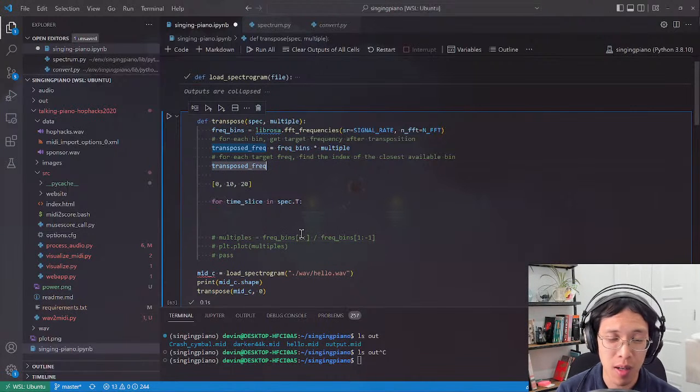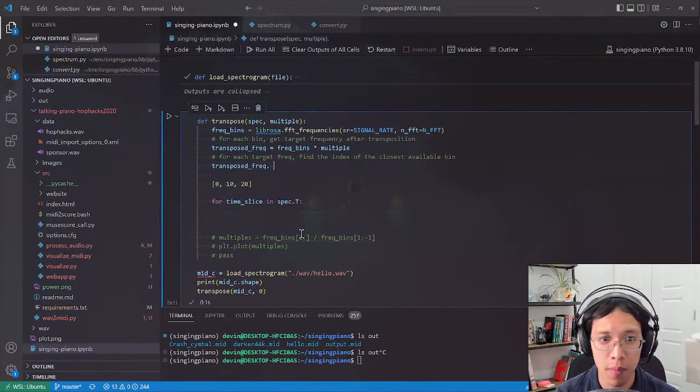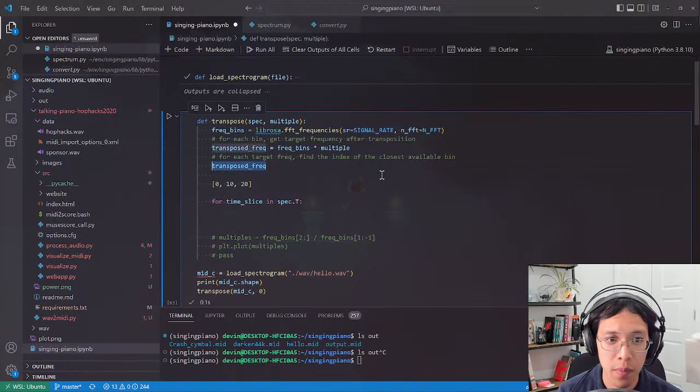So let's do that. First of all, I need to make this a bigger dimension. Basically, I'm going to repeat this array over the dimensions of this, copying it freq bins number of times so that I can get that many answers.